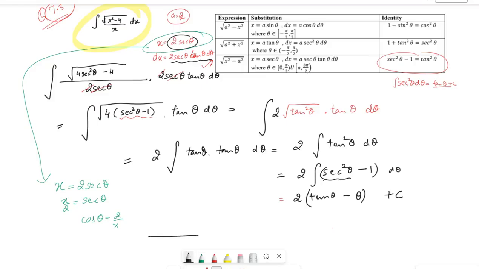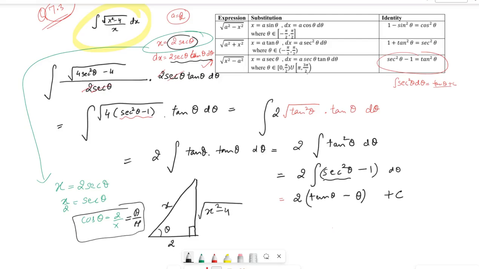If we want to think in terms of a right angle triangle, cosine theta is usually adjacent over hypotenuse. So this side is 2 and the hypotenuse is x. Using the Pythagorean theorem, this side would be the square root of x squared minus 4. Do you guys see that? If this is theta and cosine theta is 2 by x, this way we can form the triangle.